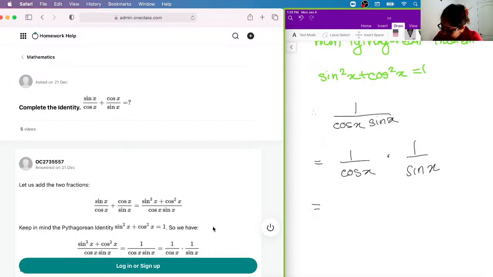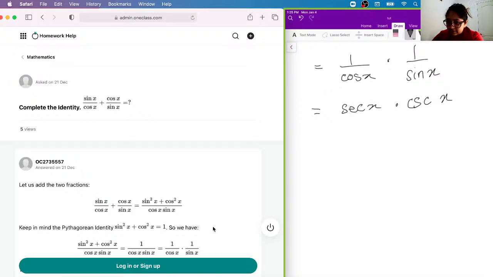You guys probably recall that 1 over cos x is equal to secant x, and 1 over sine x is equal to cosecant x, right? And so basically this is what our expression equals.